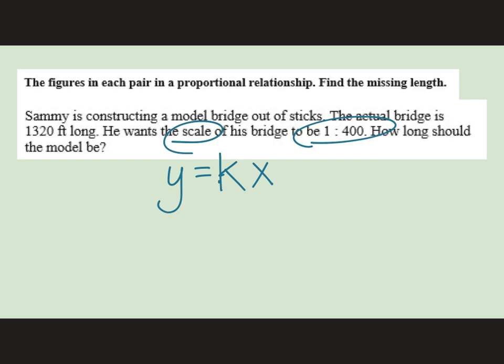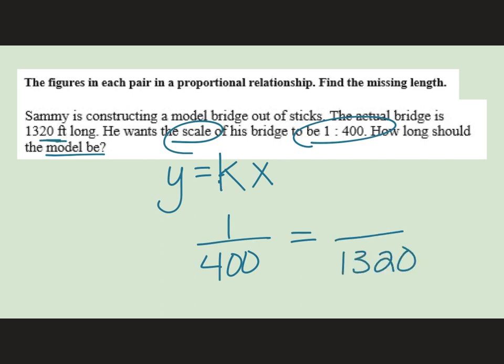In this case, we want to know how long the model should be. So we're taking the proportion and setting this up. 1 over 400 equals, and of course 400 is the actual, so we would put 1320 down here, which is where that comes from.